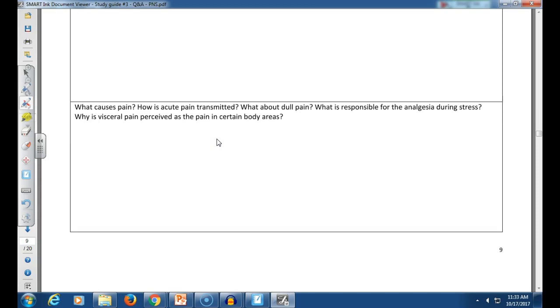Difference between myelinated fibers transmitting acute pain and non-myelinated fibers transmitting dull pain. Opioids responsible for analgesia during stress. Why visceral pain is perceived as pain in certain body areas: fibers from organs run through the same nerves as fibers from skin. Does that make sense? Good?